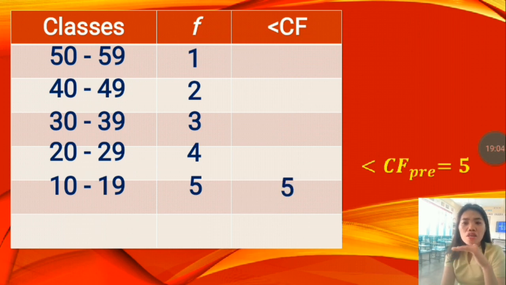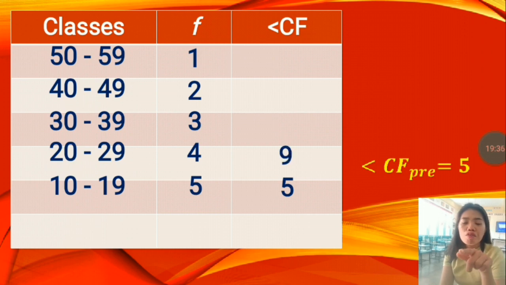First and foremost, you're going to start from the bottom, and focus your attention at the frequency, the second column. Then write first the frequency at the bottom part, which is 5. So you just write 5 under the less than cumulative frequency column.